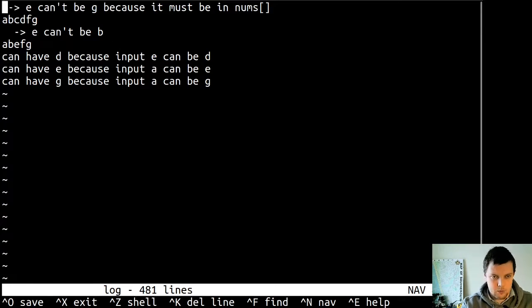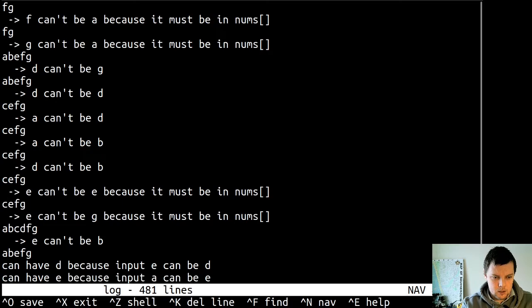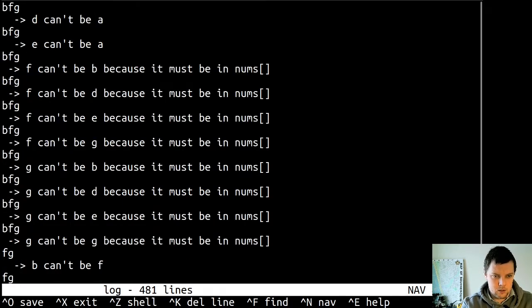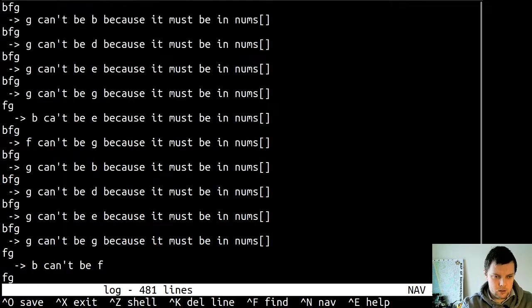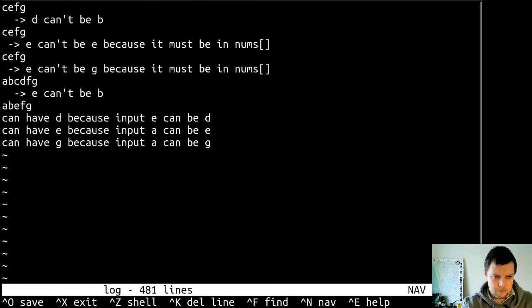And we think it should be, we think ABEFG should be a 3, don't we?